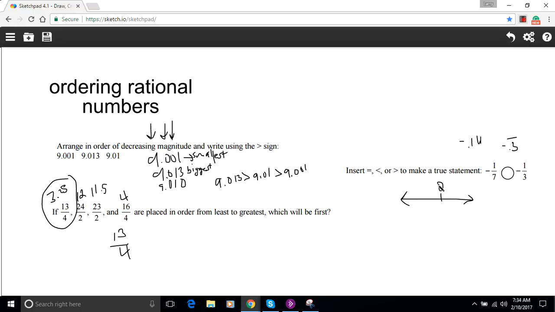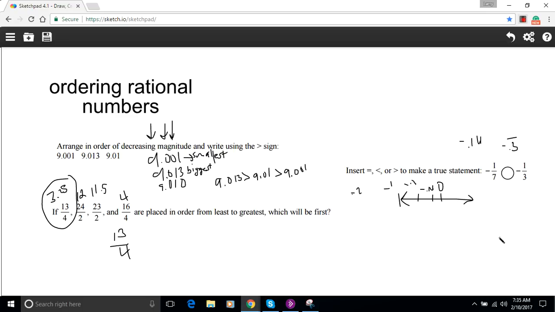So if here's 0, negative 0.14 would be closer to 0 than negative 0.3. And eventually we'd get to negative 1 here, and then negative 2, and so forth as we go on down.